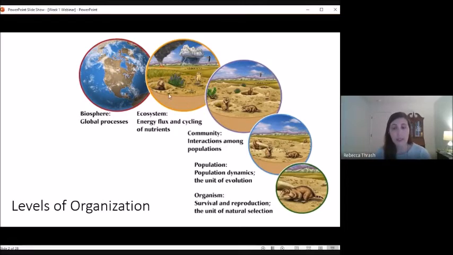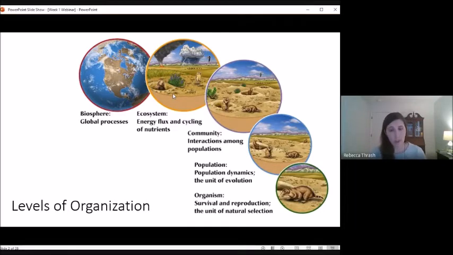The next level is the ecosystem level, and that's when we take all of those community interactions and we also consider what's happening abiotically. So what's going on with energy transfer and the cycling of nutrients and biogeochemical cycles.